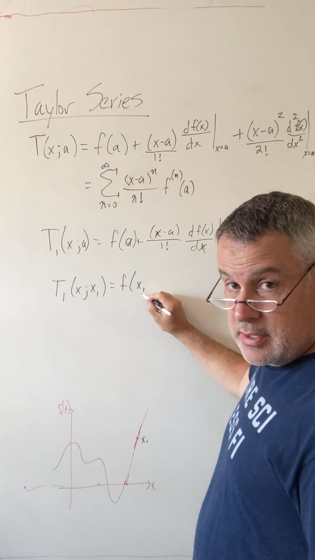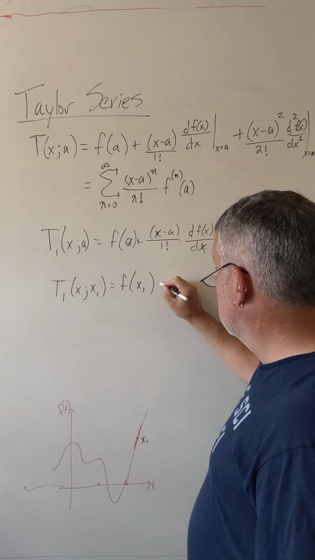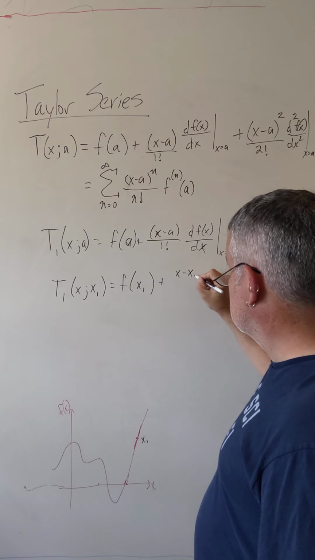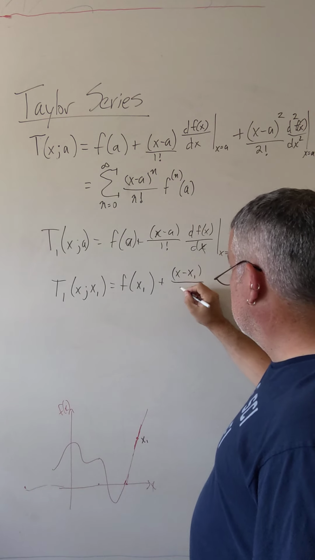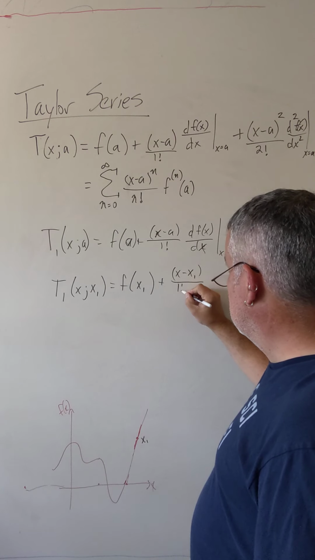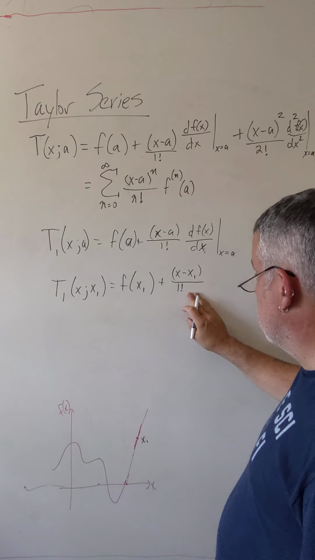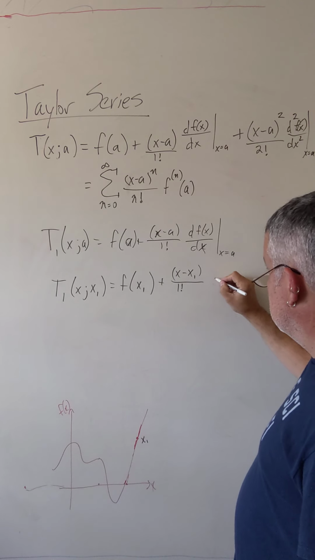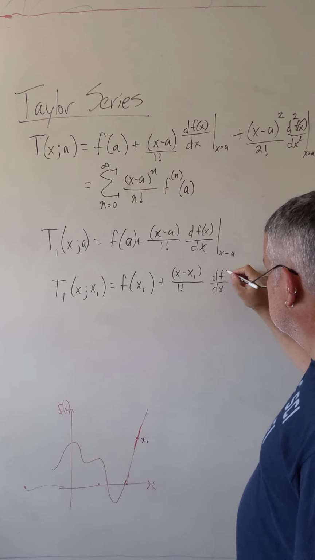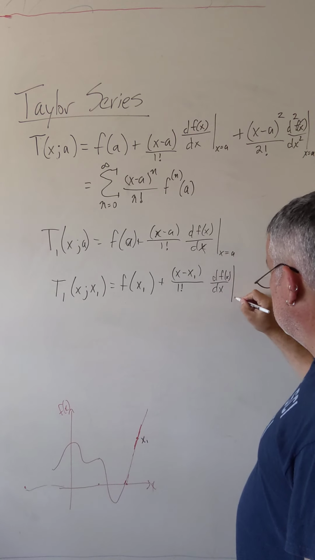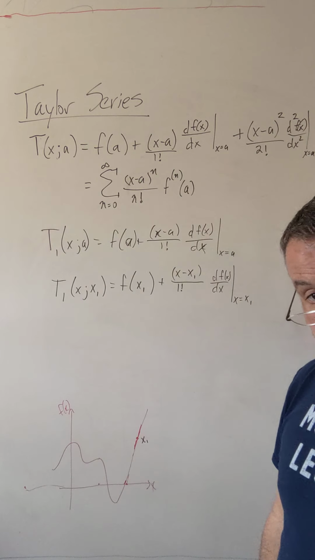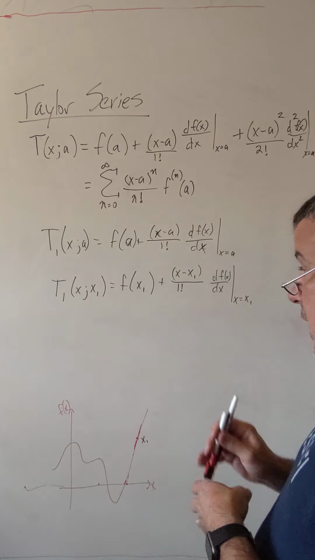Remember, this is a constant now, this is our first guess, plus x minus x1 over 1 factorial, which is just 1, times the first derivative, df dx, evaluated at x equals x1.